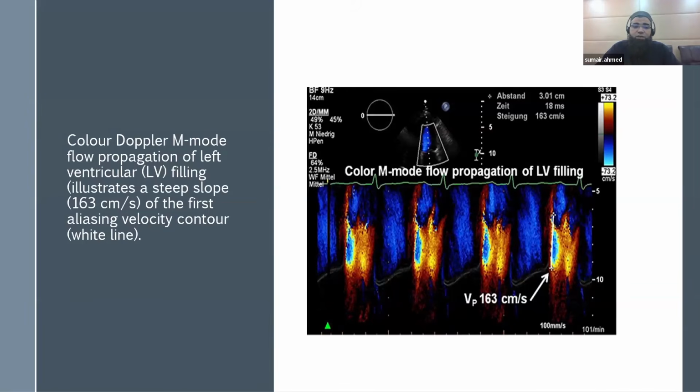If it is greater than 100, it supports the diagnosis of constrictive pericarditis. But in restrictive cardiomyopathy and other myocardial disorders, it is typically less than 55. So this is the speed of the blood from the base to the apex.